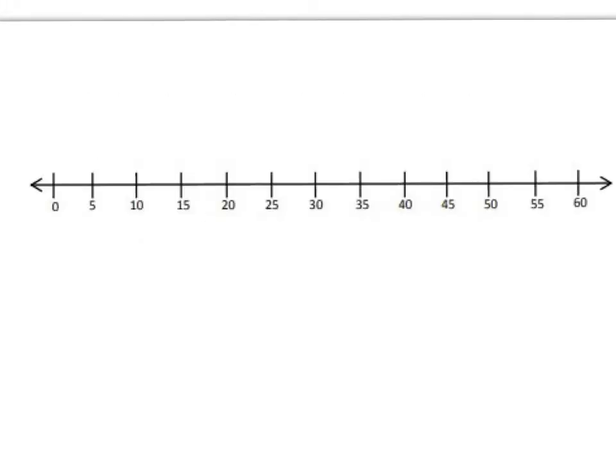In yesterday's lesson, we learned that when we tell time, we count by fives. On our number line, we're also counting by fives, or skip counting by fives. We call this our interval because our scale is increasing by fives. Our interval here is 5.